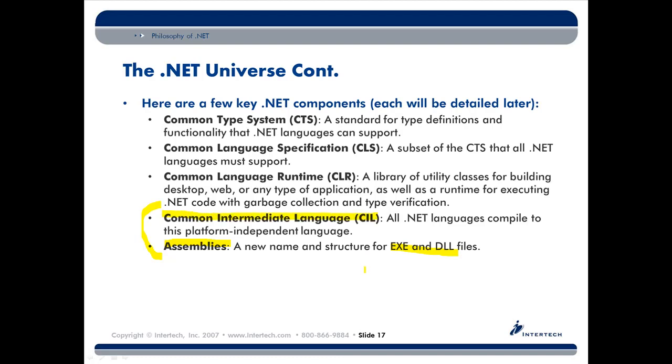Okay? Now, SIL code also goes by terms such as MSIL, Microsoft IL. Sometimes it's just simply called IL. Common Intermediate Language is conceptually similar to Java bytecode in that it cannot be directly executed. It has to be compiled on the fly into actual platform-specific instructions.